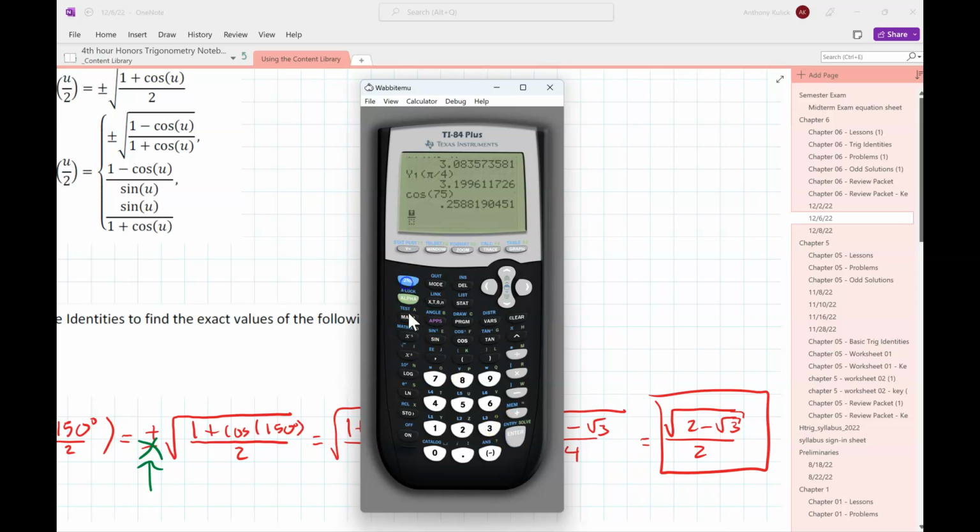And if I type in my answer, I should get the same decimal, right? I'd say at this point I'm pretty darn convinced I did that right. All of these find-the-exact-value ones are checkable on your calculator. You guys get what I'm saying?